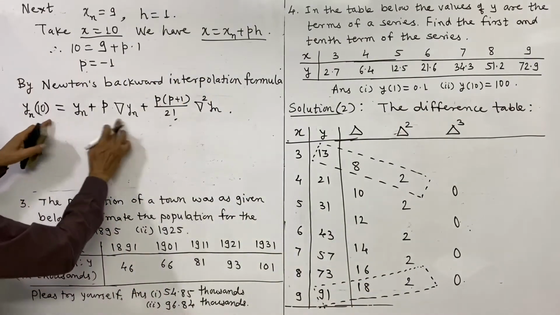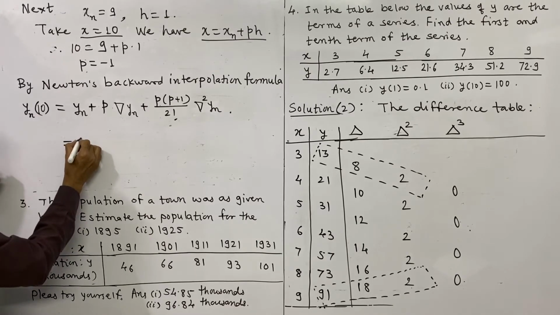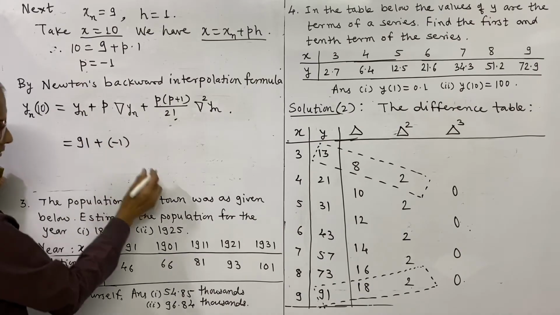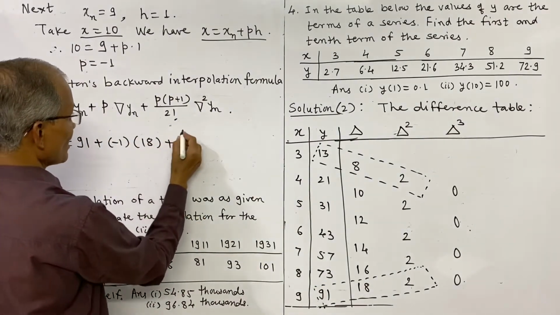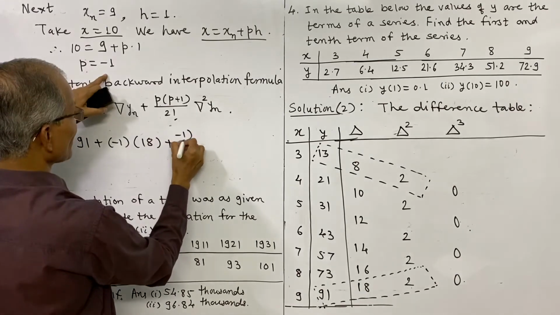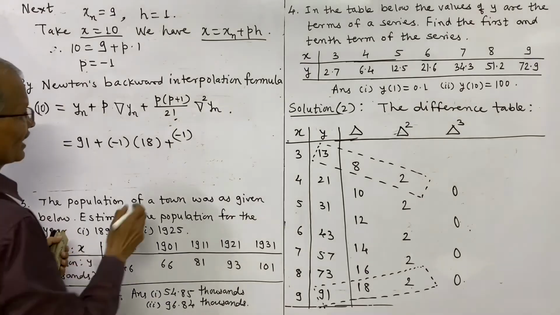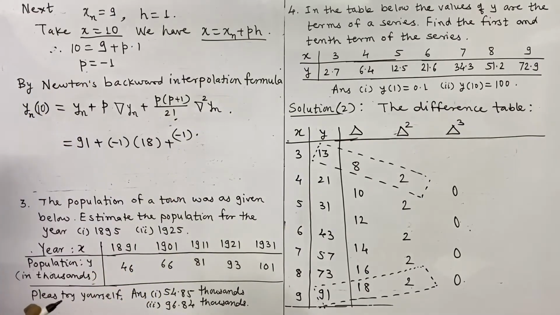So these are the corresponding values, and that is yn is 91 plus p is minus 1, del yn is 18, plus p is minus 1, and next value is minus 1 plus 1. We should note whether the value of p we have written is correct.